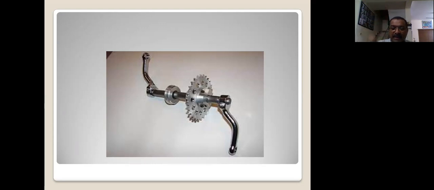If you critically look at it, your knee is making a to and fro motion and a little bit of sideways movement as well. And this crankshaft converts that into a rotary motion.